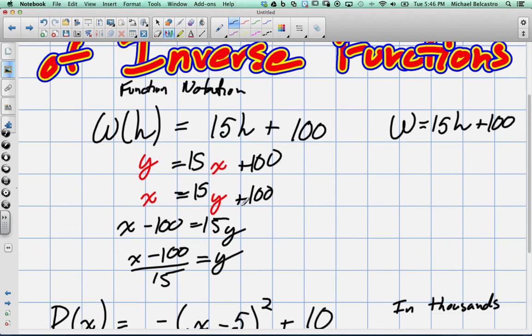But because we're written in function notation here, another way we could describe this, instead of writing y, or remember we said w to the power of -1, another way we could write this is now hours, in terms of wage, is equal to x minus 100 divided by 15.